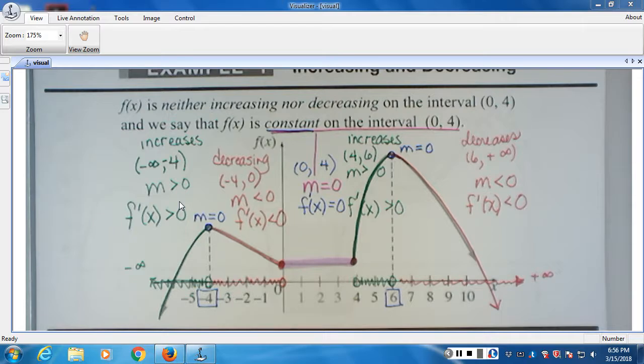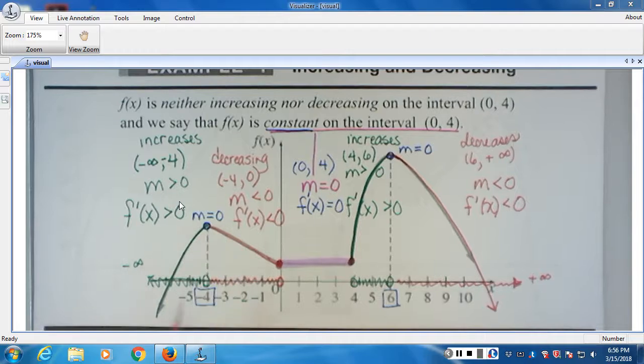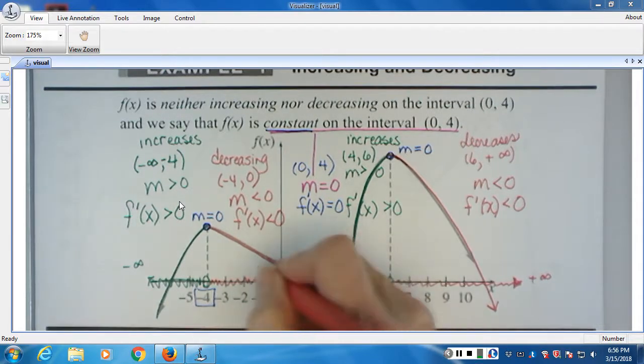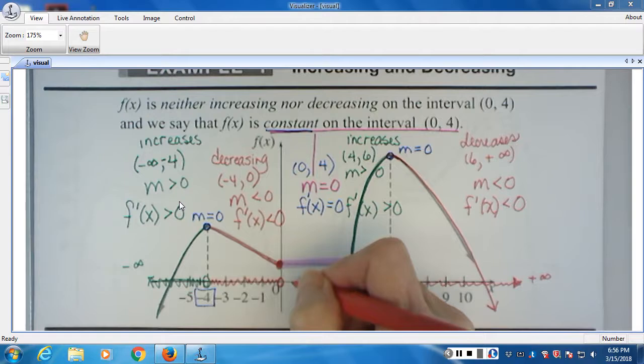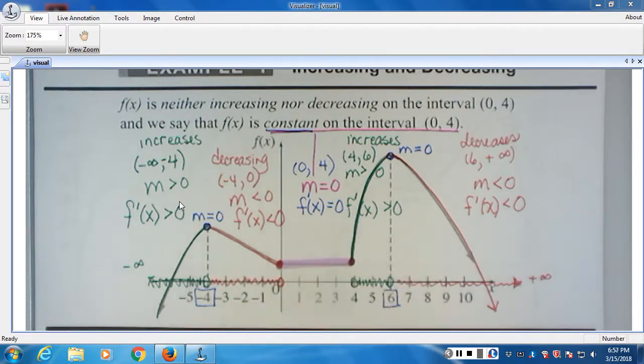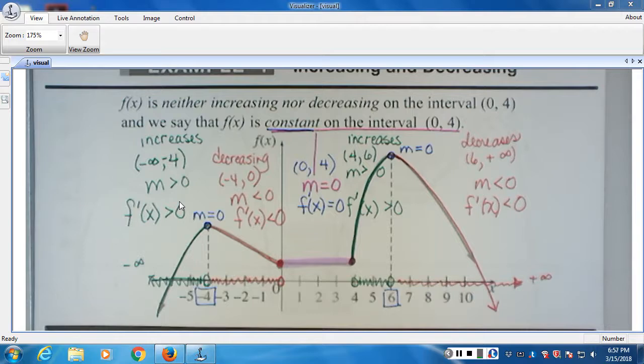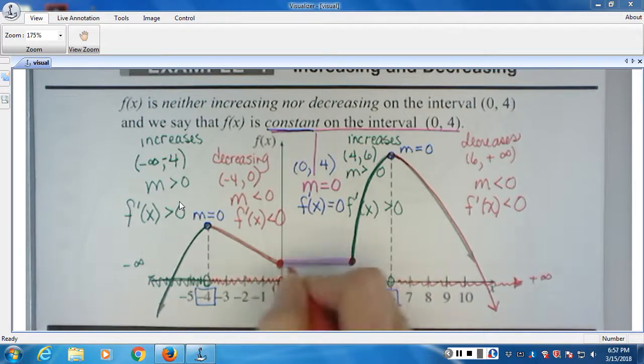Just like it did here, with one very small change. Here, we know the slope is 0, okay? But the difference here is we can't say the slope of a tangent line or the slope of the function is 0, because remember, when I'm talking about derivatives, I'm talking about the slope of a tangent line as well. But look how many tangent lines I can draw.